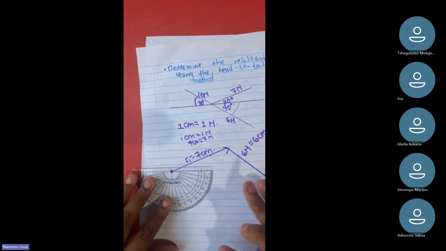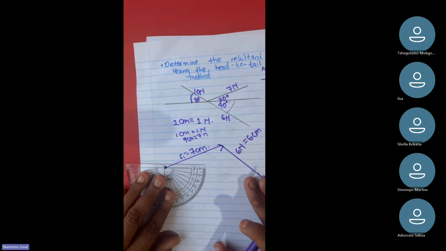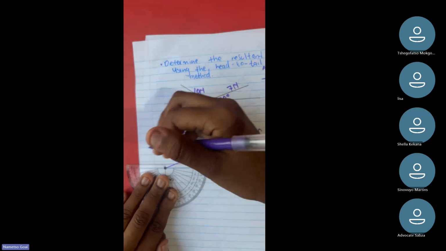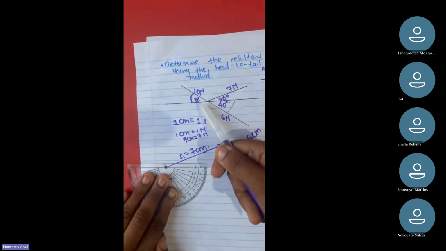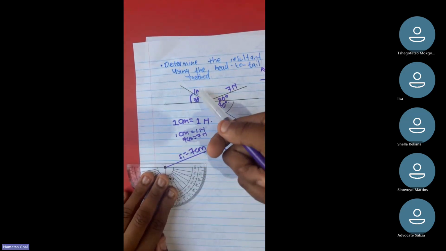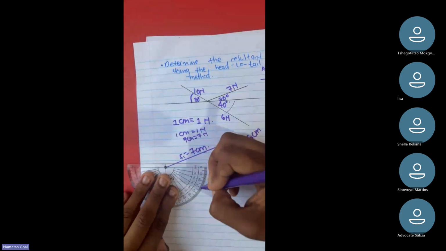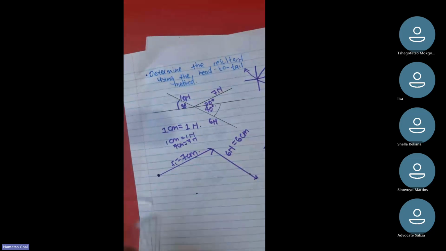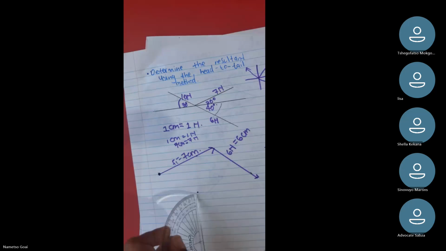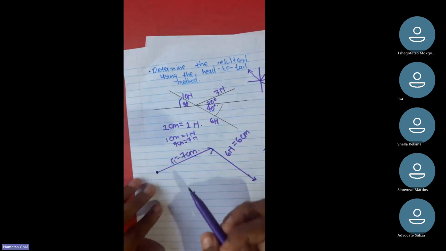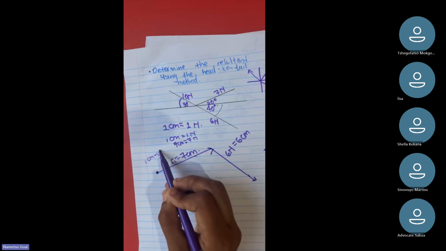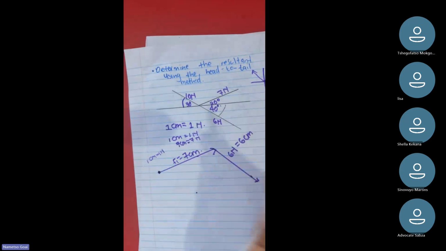So you place your protractor like this and check where exactly your 30 is, because this is an angle of elevation of 30 degrees, right? Then put your dot and connect this with this, but it has to be 10 centimeters, because we said 1 centimeter equals 1 Newton, and this force is 10 Newtons.